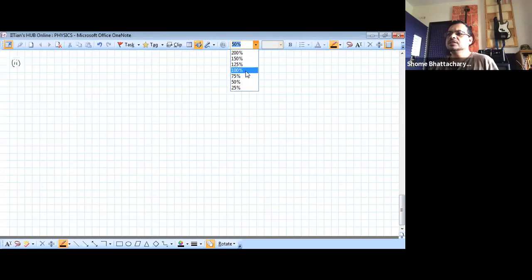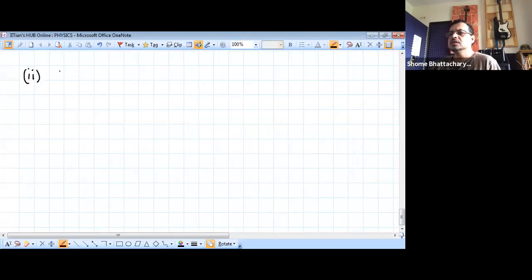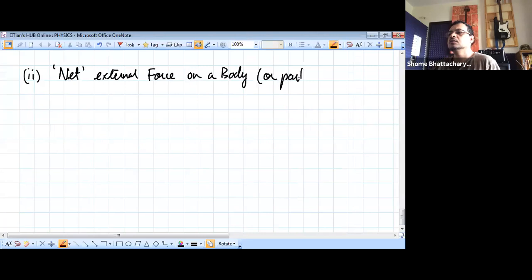The second law statement, as you all know, is that the net external force on a body or particle equals the rate of change of its momentum.